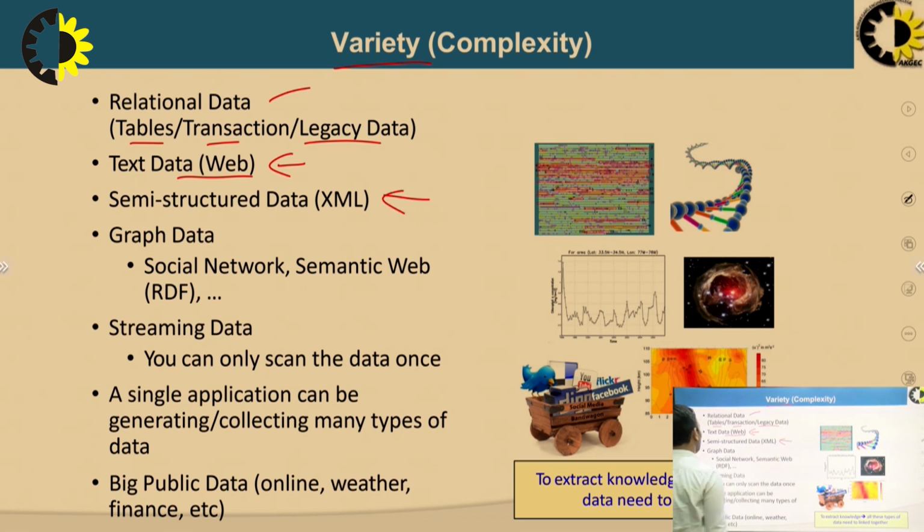Semi-structured data, XML. Graph data, streaming data, as we see with movies and the many OTT platforms that give streaming data over the network. A single application can generate many types of collected data. So as we see here, there is a variety of data available over the cloud.